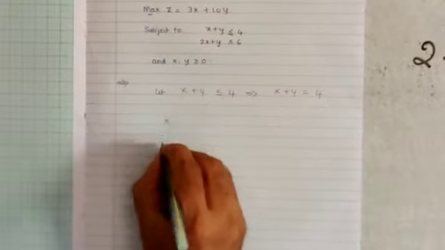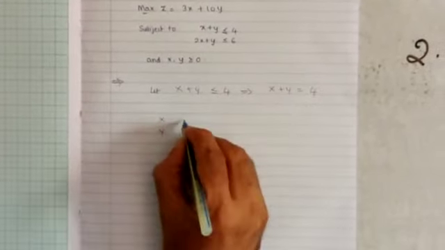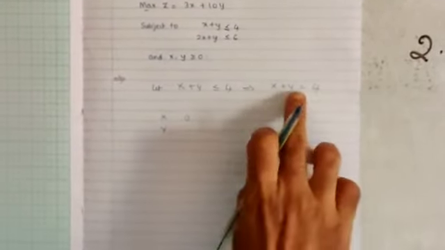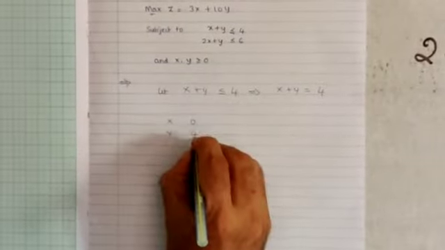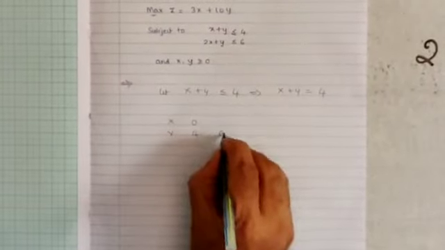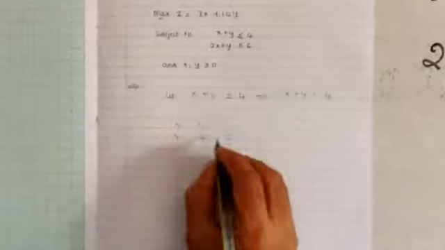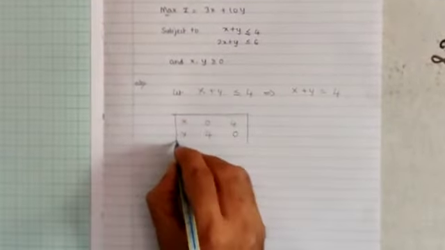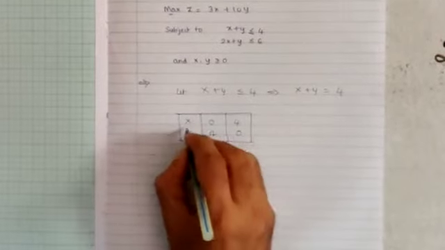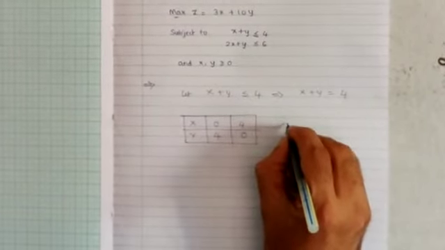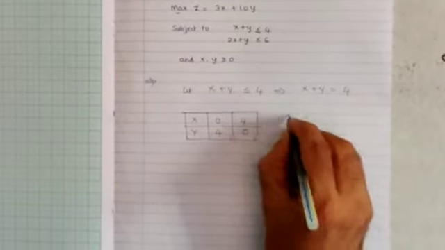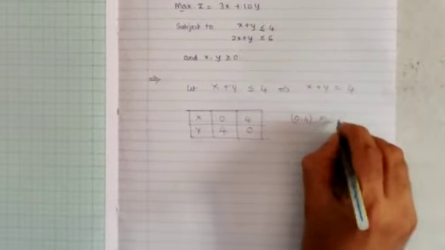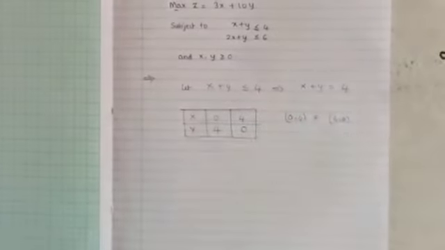Now x, y. When you substitute x equals 0, then y will become 4. Similarly, when you substitute y equals 0, you will get x equals 4. Therefore, you will get 2 points, that is corner points, 0, 4 and 4, 0.